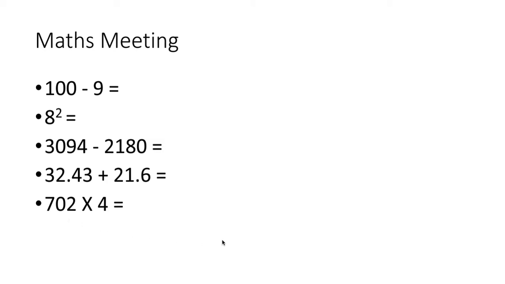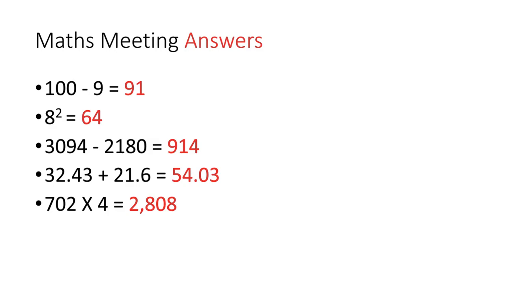I'll give you a moment to pause your screen and work those out. And the answer's in 5, 4, 3, 2, 1. No on-purpose mistakes from me, so please do spot any that I've made.